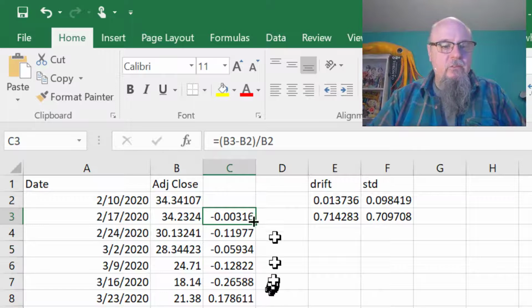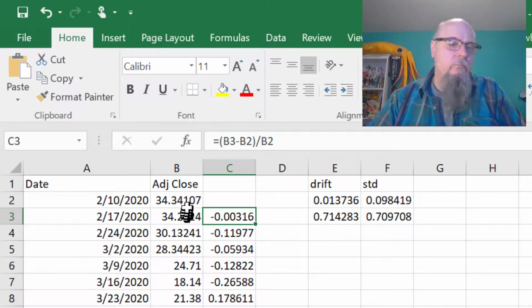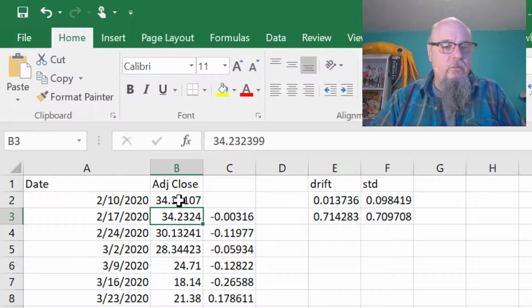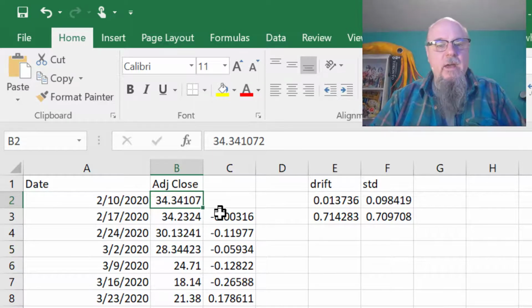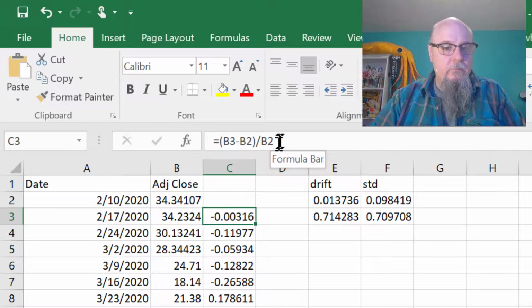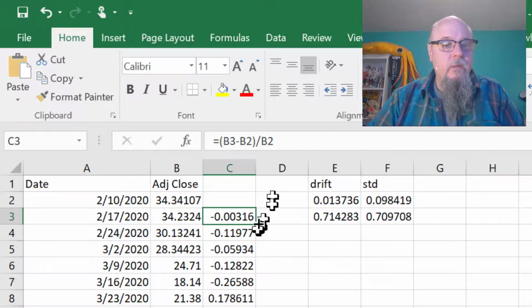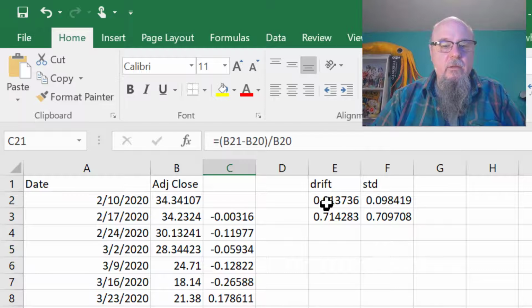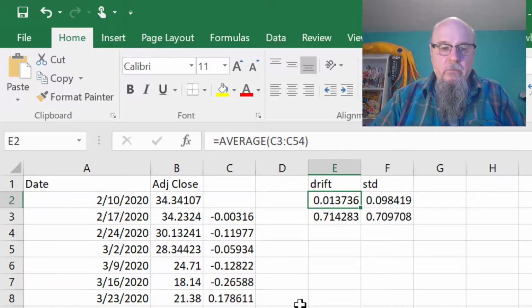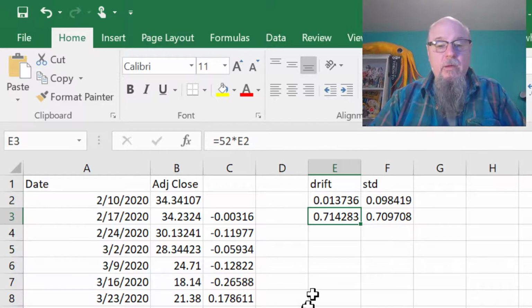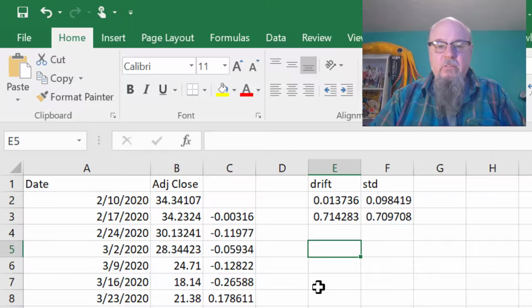The return is what the stock is now minus what the stock was yesterday, divided by what I paid for it yesterday. So it dropped in this case, like 0.3%. It was 34.34 and now it's 34.23. It's a negative return. I get all those returns and I need to calculate the drift. So I'm taking the average of those returns. Now those are weekly, so I want to scale it up by multiplying by 52. I get a drift of 0.7.